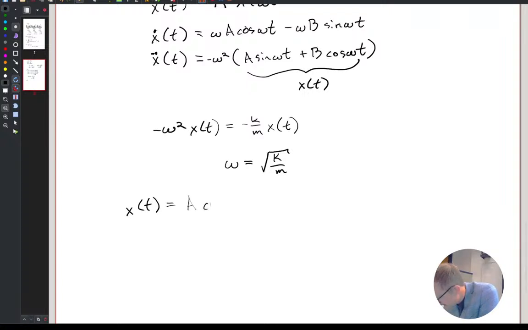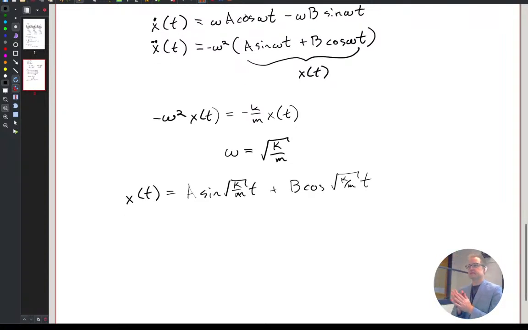And I think this was sine, right? Then we know two things about this problem. One is that x of 0 is 0.